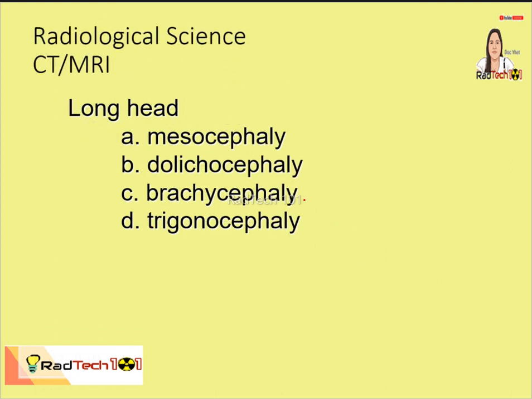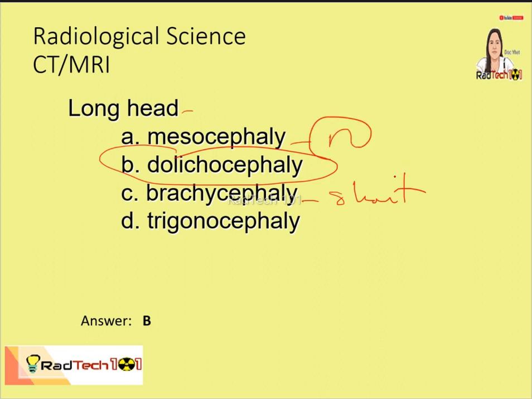Next, long head for abnormal head, that is dolichocephaly. Brachy is short head. Meso is normal head. While trigonocephaly is the premature closure of the metopic suture.